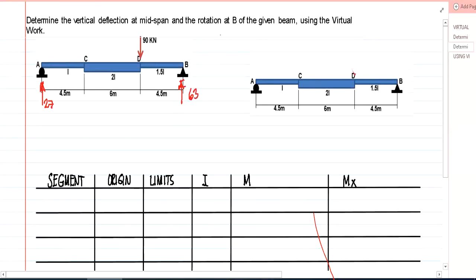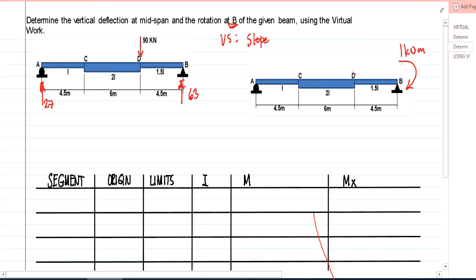For the virtual system, for the slope at B, in the free body diagram of our virtual system for the rotation at B, we have to apply a unit couple at B. So, where is B? Here. So, we apply a unit couple.